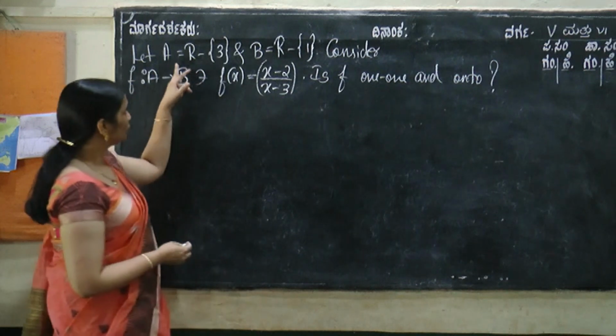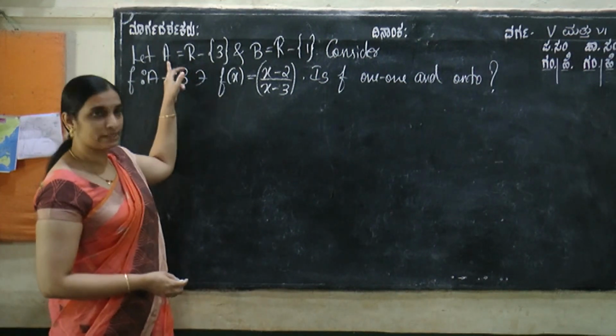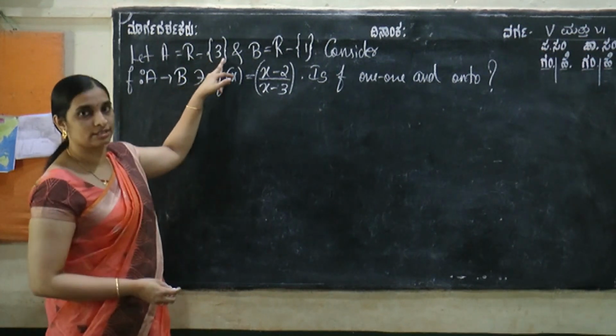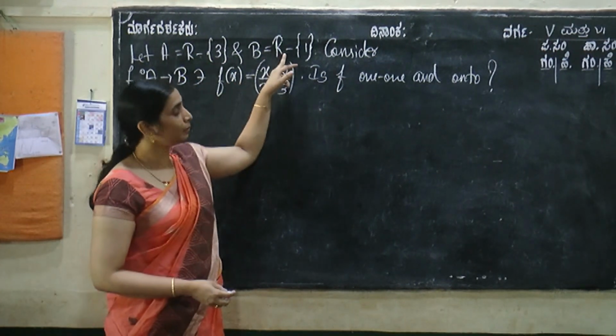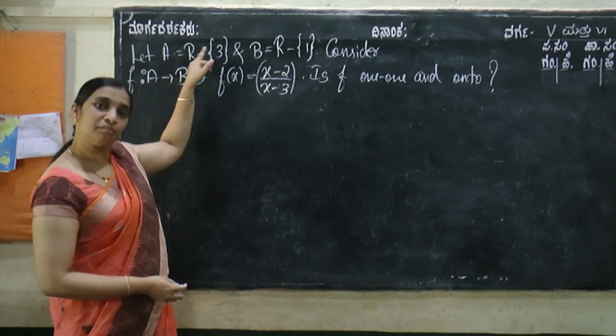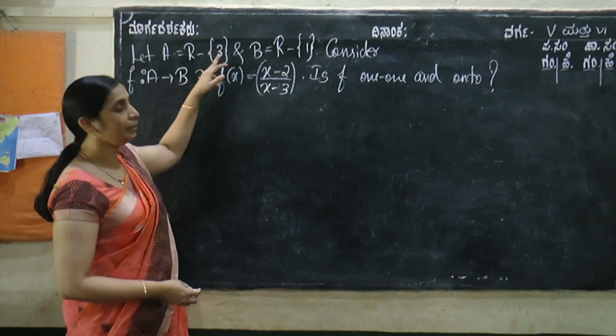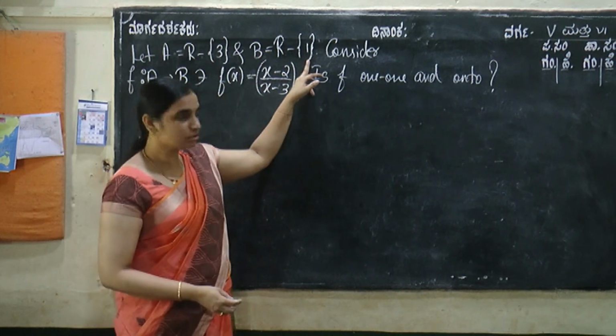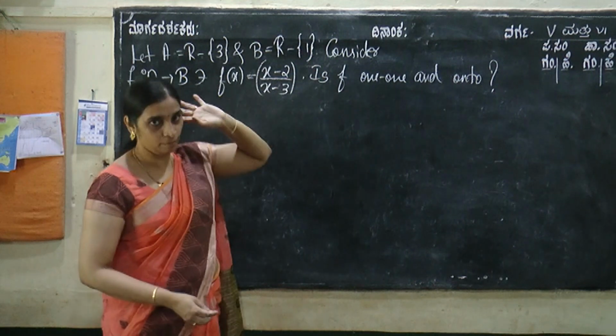In this question, we are defining two sets A and B as A is equal to R minus singleton set 3 and B is equal to R minus singleton set 1. That means set A is nothing but the set of reals, but the element 3 is not there. And set B is a set of reals where element 1 will not be present.